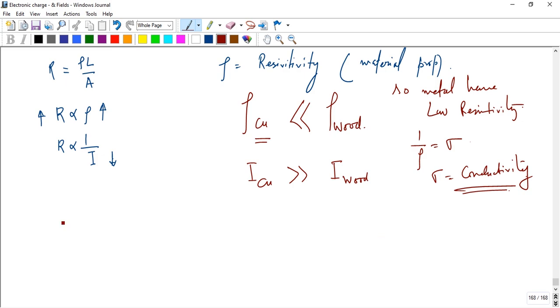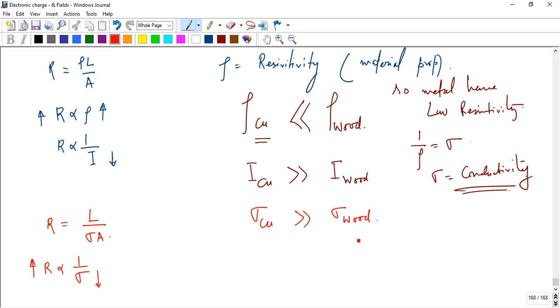Here you see that R equals L by sigma A, so R is proportional to 1 over sigma, meaning more resistance is less conductivity. So the conductivity of copper is greater than the conductivity of wood.